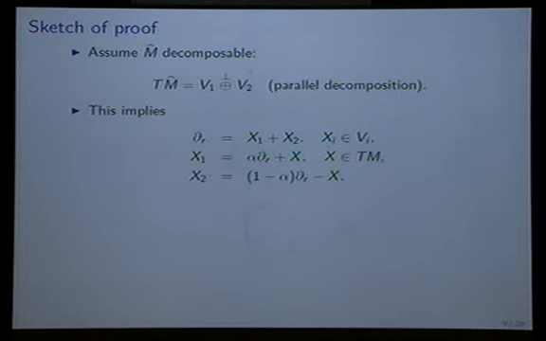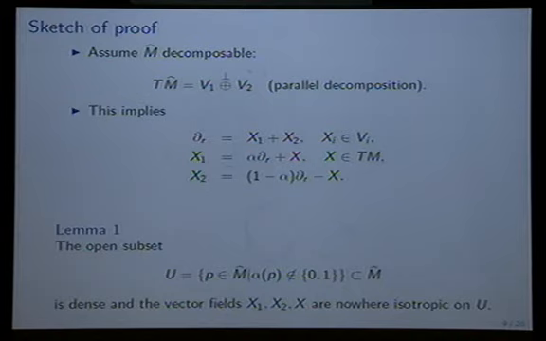So we can decompose it as some multiple of d over dr plus the vector field tangent to the base. And similarly for X2, and then this coefficient is necessarily 1 minus alpha, and here we have minus X, because they have to add up to d over dr.